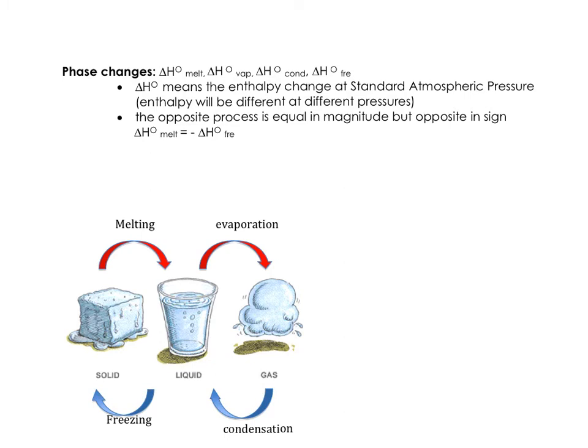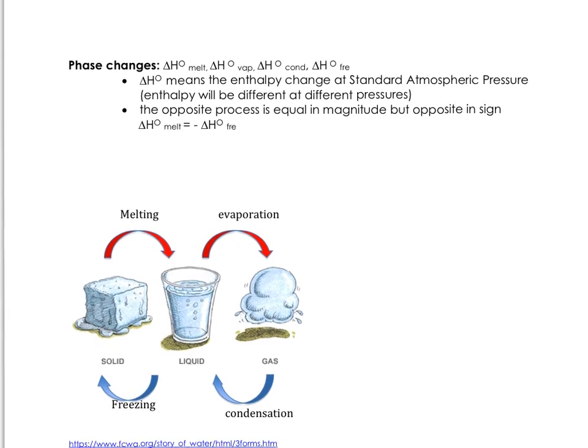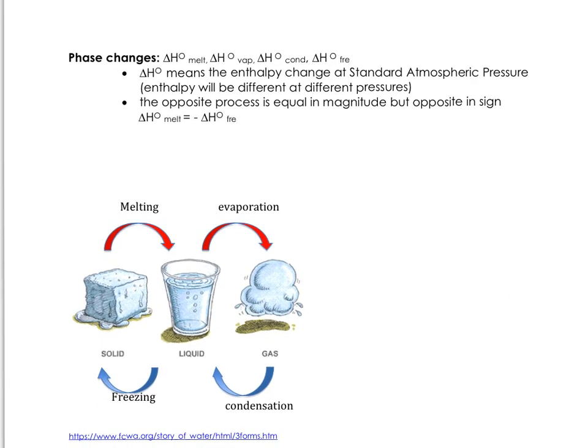And the process to go from a solid to a liquid is melting. Going from a liquid to a gas is evaporation. The opposite process, gas to liquid, liquid to solid, are called freezing and, let's see if I can pull that up, condensation.